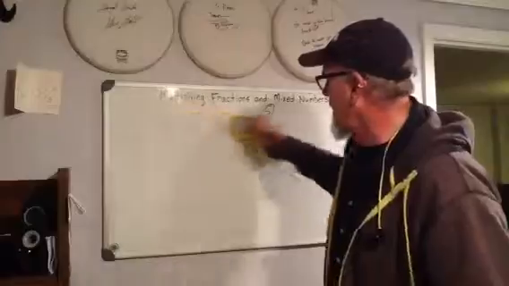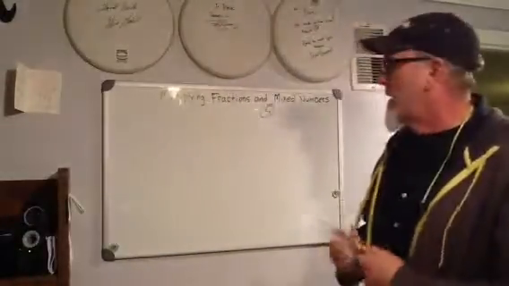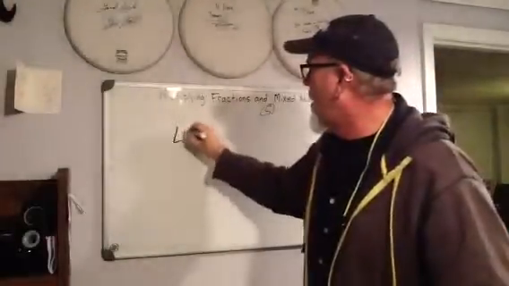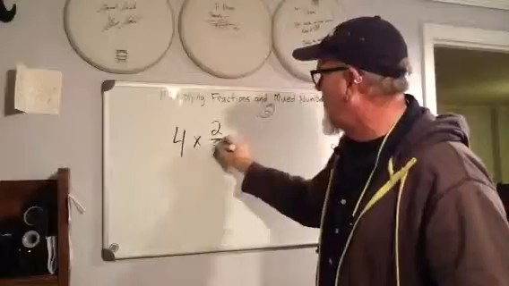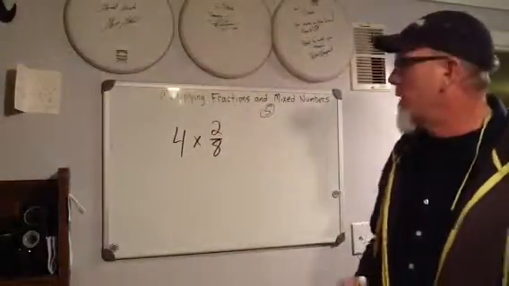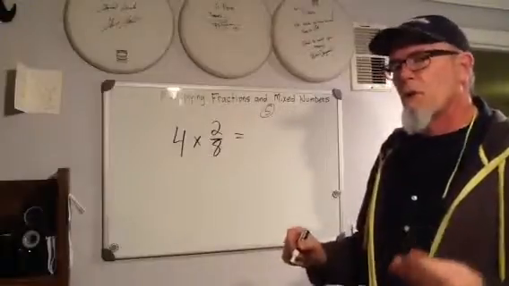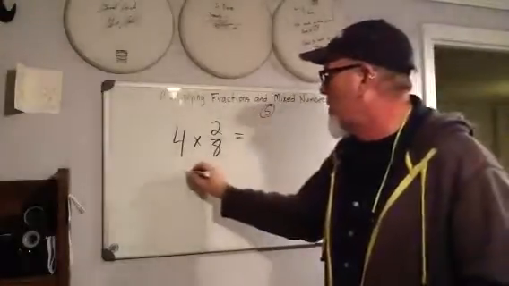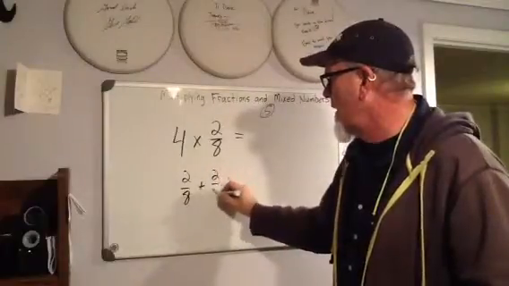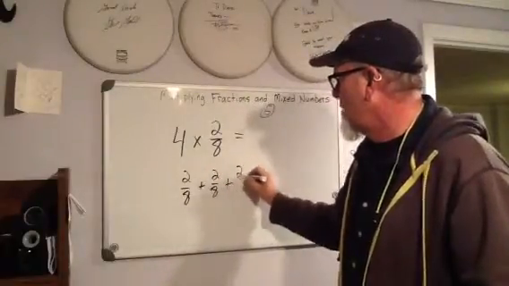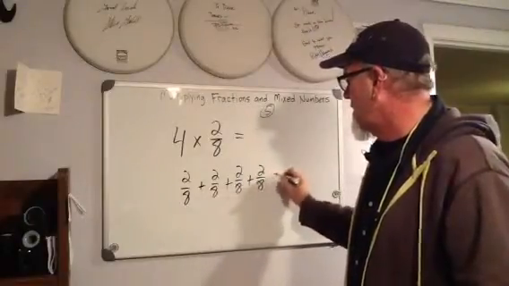Okay, so let's say we have another one here, and we say it's 4 times 2/8, right? So we have 2/8 as a fraction, and we have it 4 times. Well, that would be 2/8 plus 2/8 plus 2/8 plus 2/8.